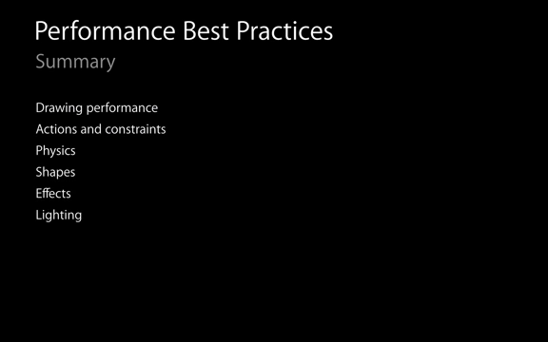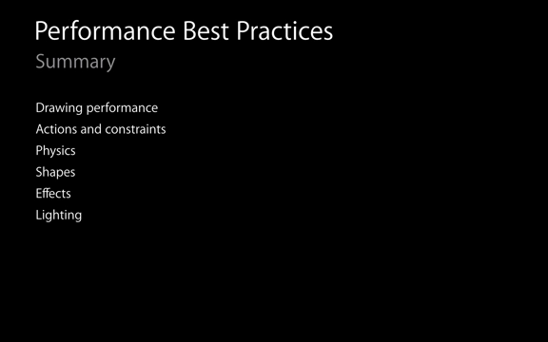All right. So we talked about drawing performance, understand what controls batching and draw order, and learn about the tools to get insight into what's going on. Actions and constraints are your window into the SpriteKit engine. We improve the efficiency all the time. The more you use actions, the more you're going to get performance back over time as we iterate the frameworks.